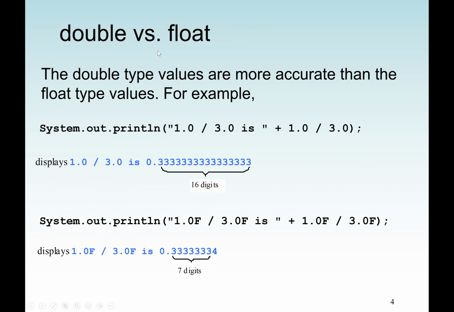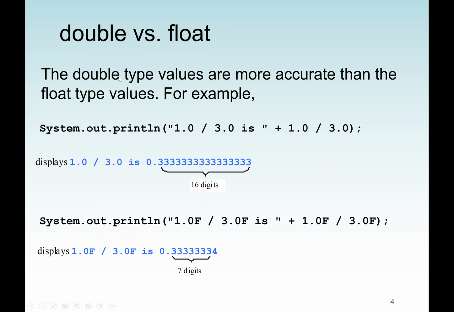Next is the double and float. The difference between the two is the number of decimal places. A double and a float are decimal values. Normally the float has 7 digits, 7 decimal places, and the double has 16 decimal places.